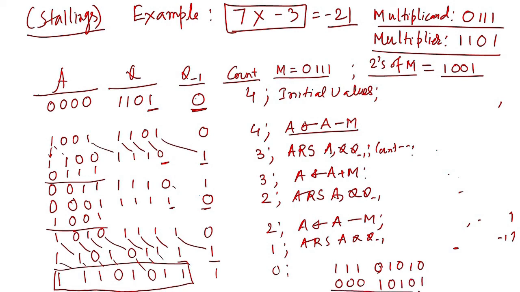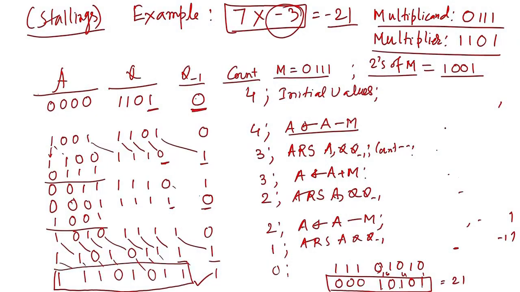So, what is this value? This is 16 plus 4 plus 1, so this is 21. So, this is nothing but negative 21. Okay. So, if the multiplier is negative, the result is also coming negative, and it is perfectly right, working fine.